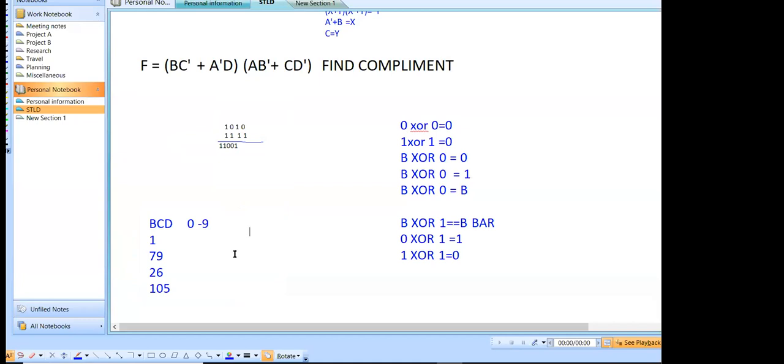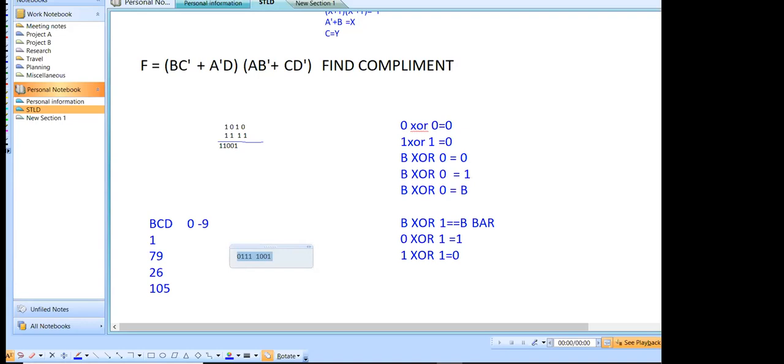Here I have to represent 7 as a BCD number, and 9 as a BCD number. That is, to represent 7, 0 1 1 1 is the BCD representation, and similarly to represent 9, 1 0 0 1 is the BCD representation. See, the same number we are representing in two ways.